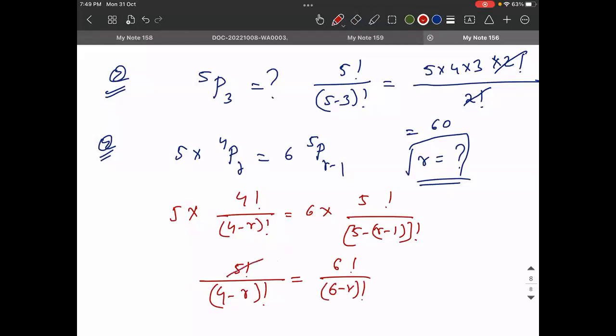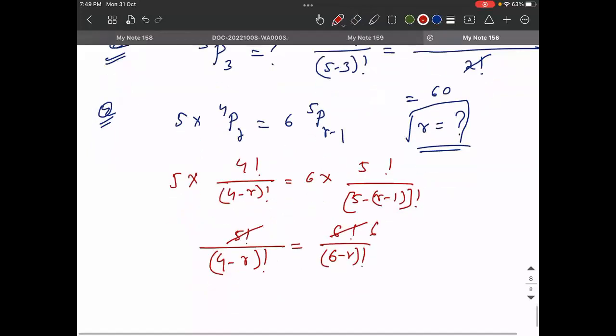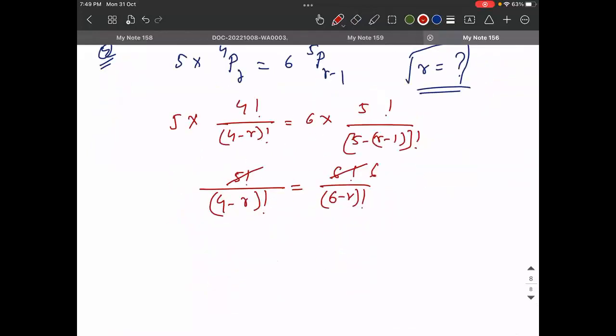So if you cancel out, it will be 6. Now solve it. 6 factorial will be equal to 6 multiplied by 4 minus r factorial.